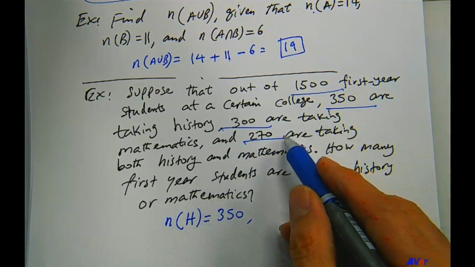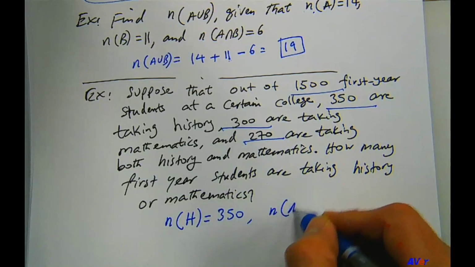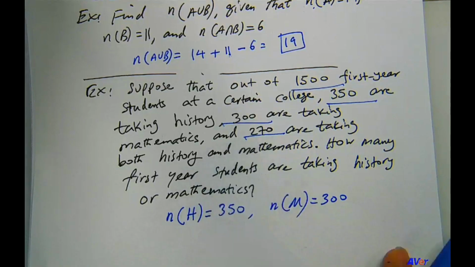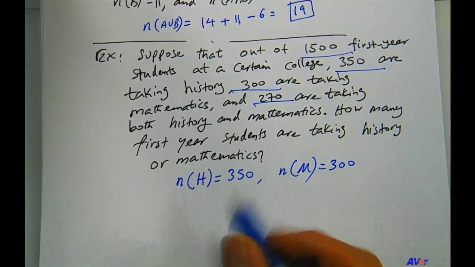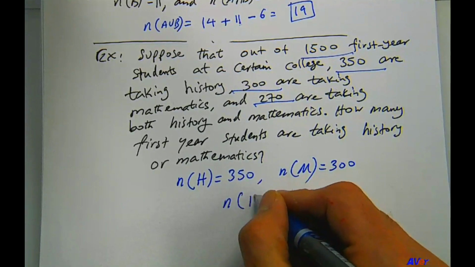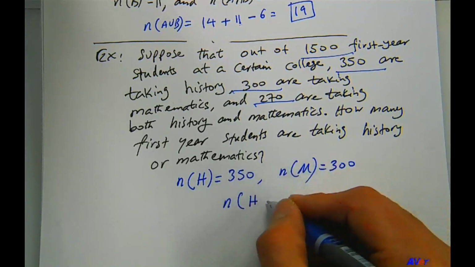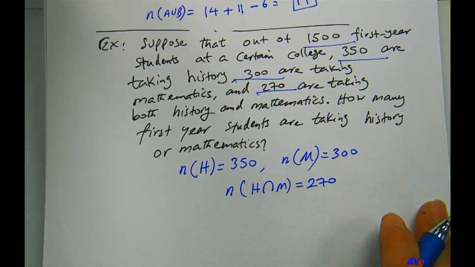And those who are taking mathematics are 300. So the number of those taking mathematics is 300. And 270 are taking both history and mathematics. So that would translate into an intersection event or set, right? History and mathematics. So that would be 270 people.